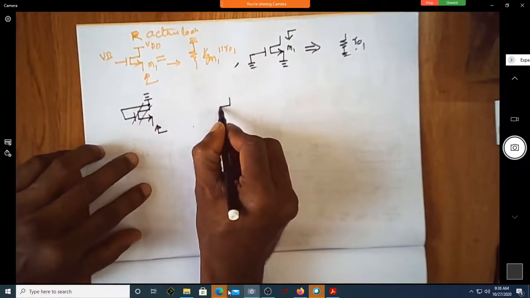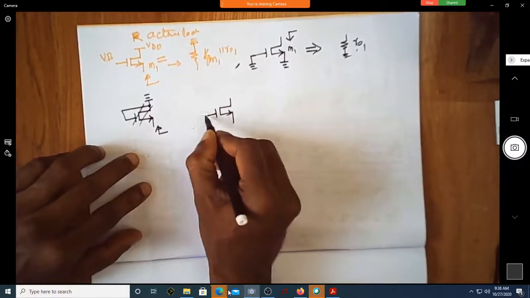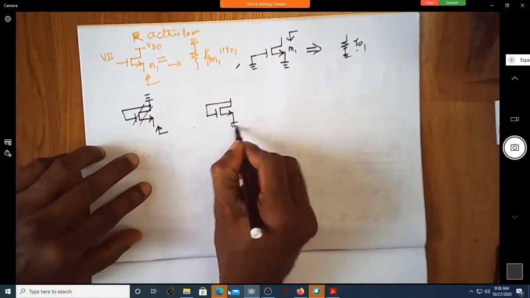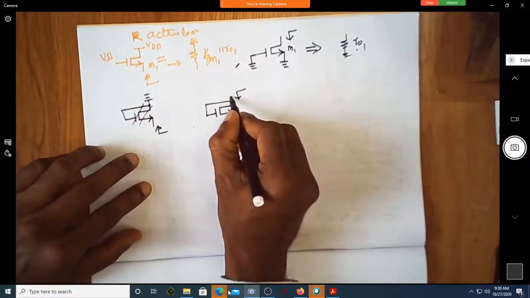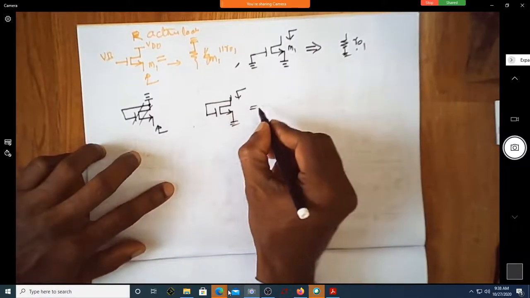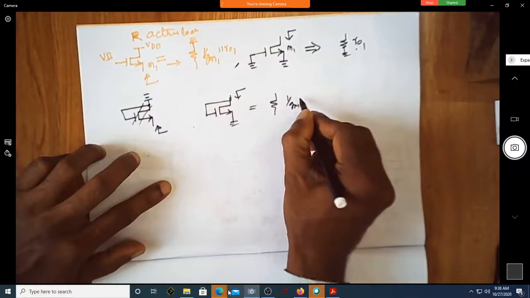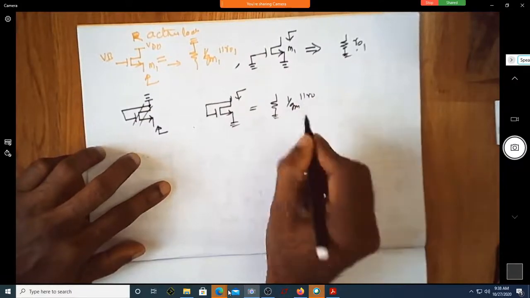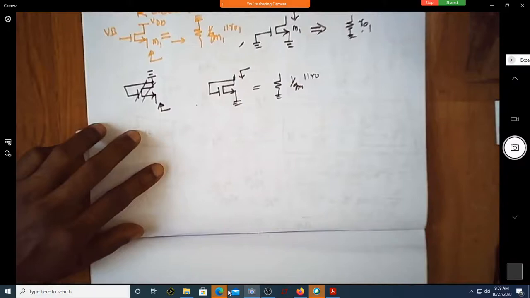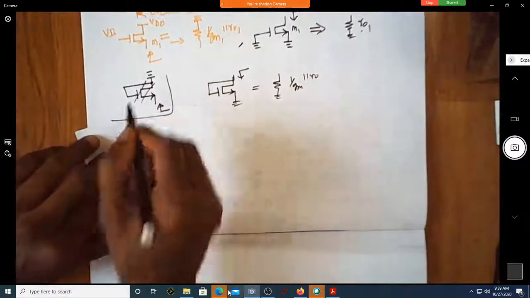This is now the source, let me ground this and look from the drain side. What we derived now is 1 over Gm2 in parallel with R0. Fine. Of course, we will not get this type of case.